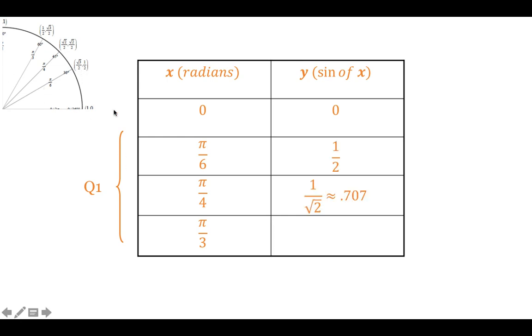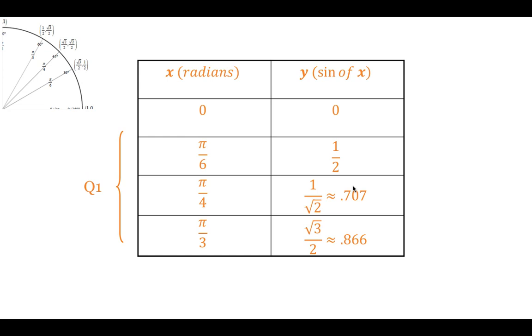When my input is pi over 4, my output is 1 over root 2, or root 2 over 2, which I'm going to approximate to 0.707, just for the purposes of graphing. We're not ever going to be really referring to that value, it's just for graphing. And then when my input is pi over 3, my output is root 3 over 2, which is about 0.866. Okay?